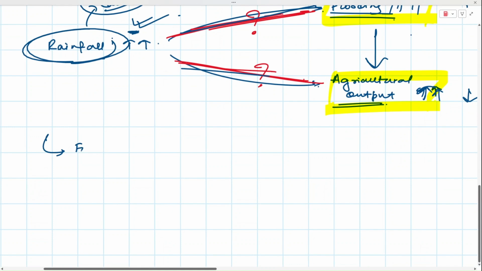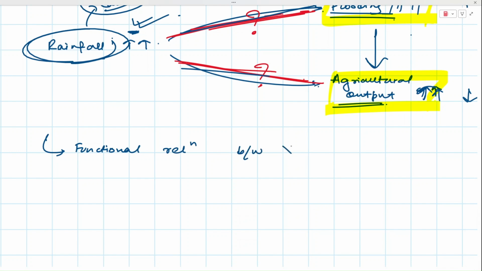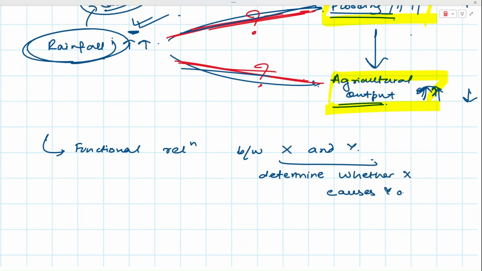We are trying to find a functional relationship between x and y, and trying to determine whether x causes y or not, right?